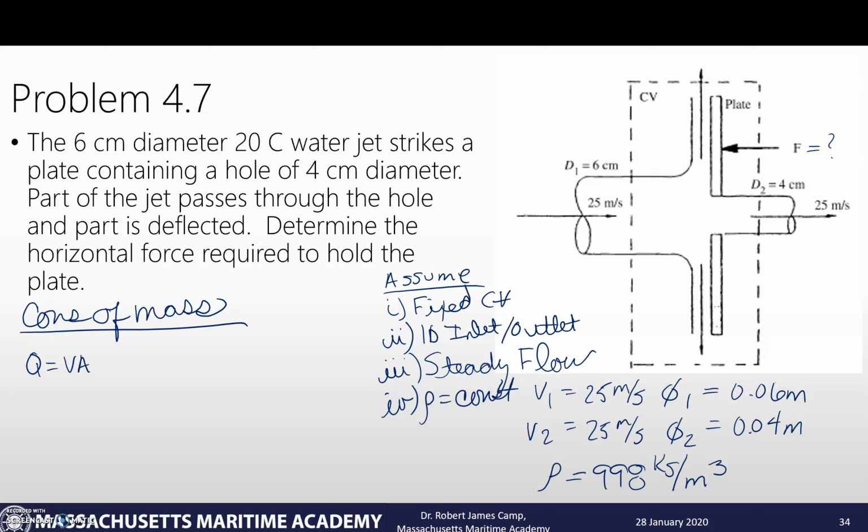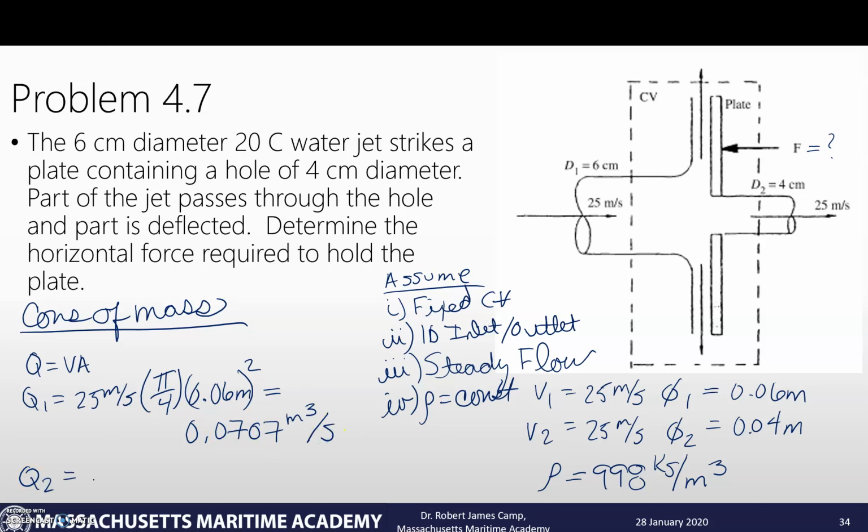So Q at 1 is going to be velocity at 1, which is 25 meters per second, times the area at 1, so pi over 4, 0.06 meters squared. And so if we calculate that out, we have a volumetric flow rate of 0.707 cubic meters per second. Same thing for Q2. Velocity at 2 is 25 meters per second.